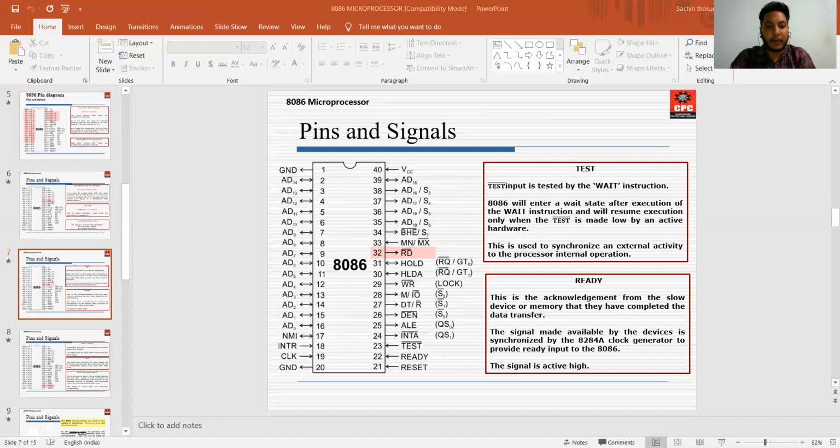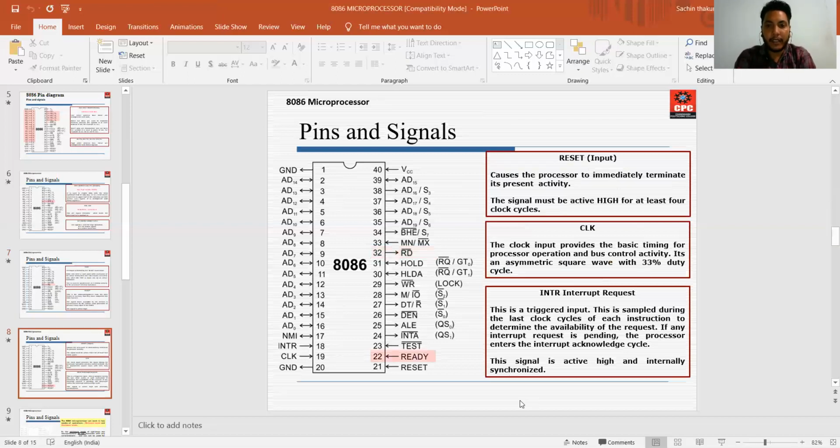If this pin is high, the processor remains in the idle state, and the 8086 will enter a wait state after the execution of the WAIT instruction, and will resume execution only when the test is made low by an active hardware. So this is your test pin.